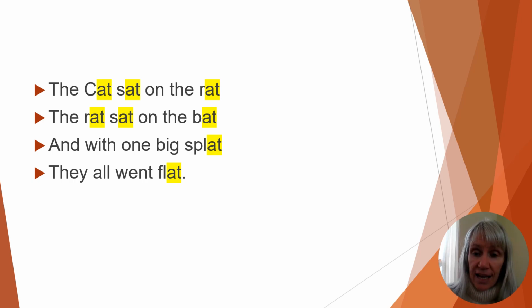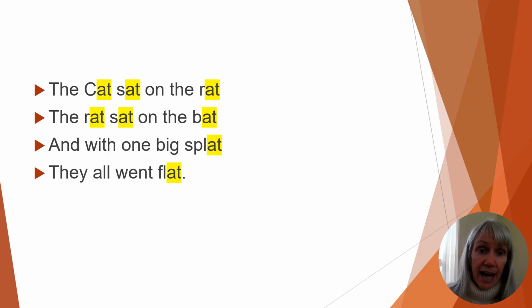Let's go again. The cat sat on the rat sat on the bat, and with one big splat, they all went flat. Now, more often than not, the rhyme will be at the end of each line, like rat, bat, splat, flat, are my major rhyme in this little piece.